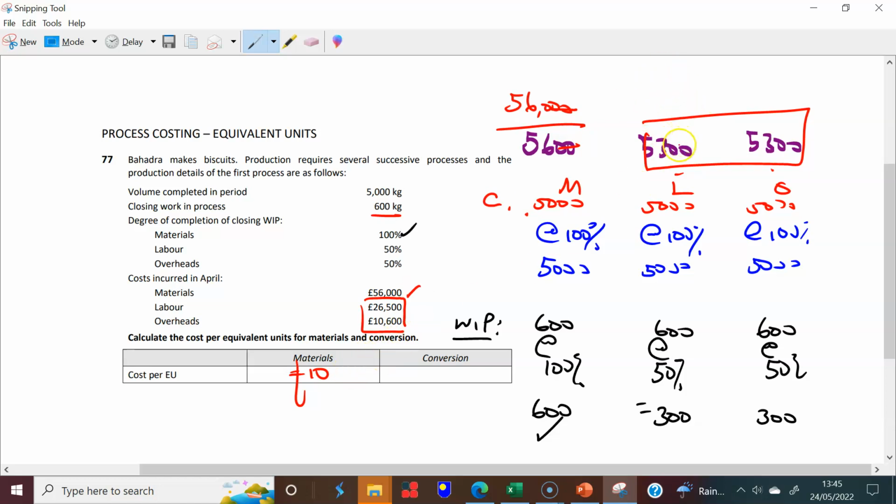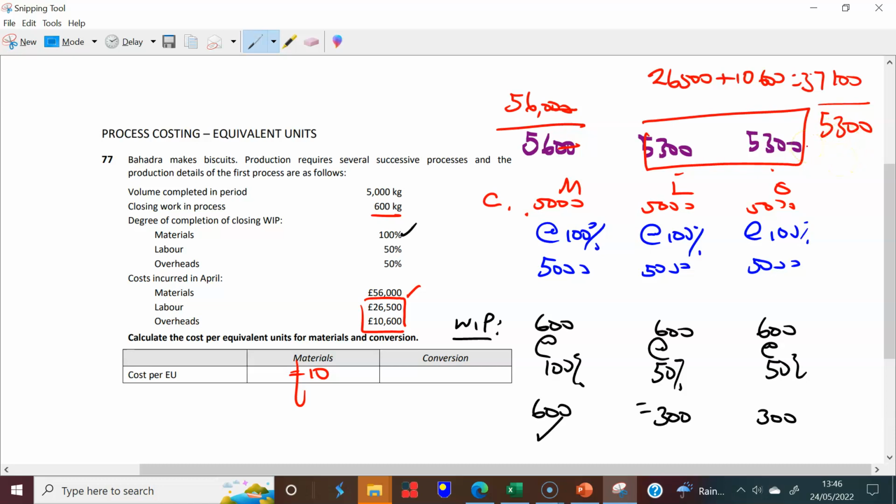So the total cost here is 26,500 plus 10,600, which is 37,100, divided by 5,300 complete units.